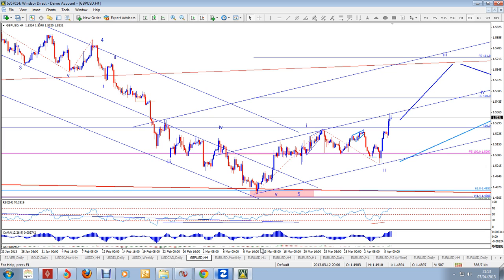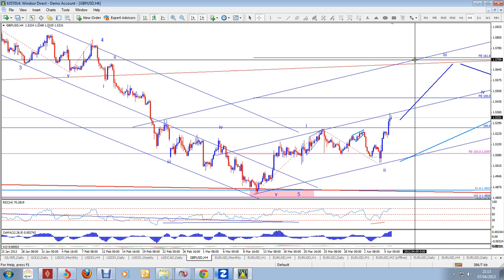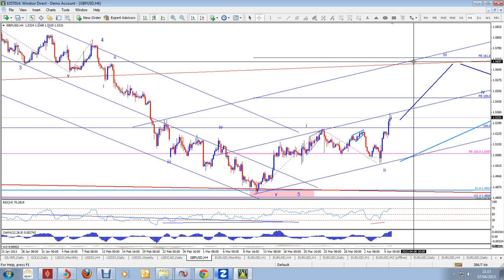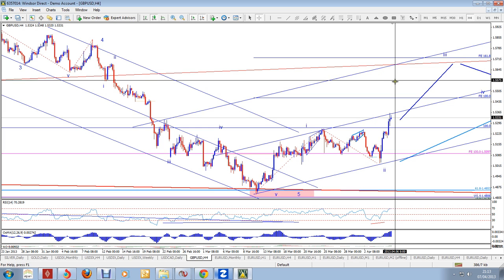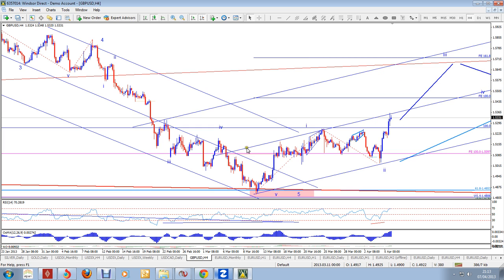So I think all of this is suggesting that our intermediate target is the 155, 156, 157 area. We are currently just bumping against the upper trend line of this small trend channel. Once we break, I think we will have double the width of that trend channel, and we will be looking for 157 or so in due course.